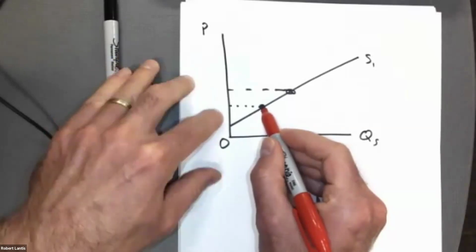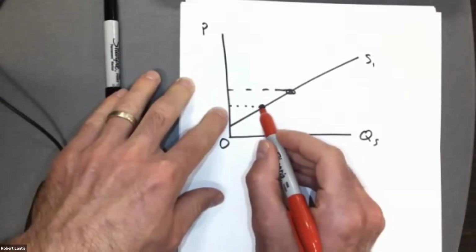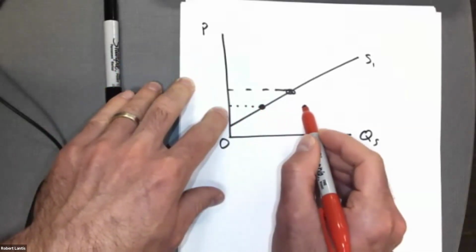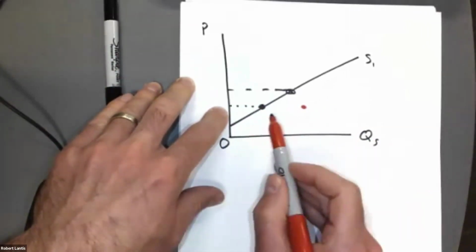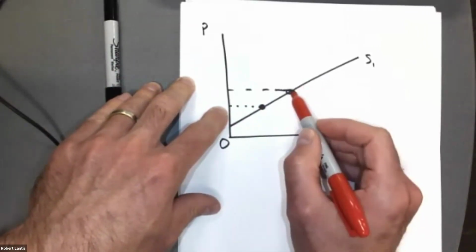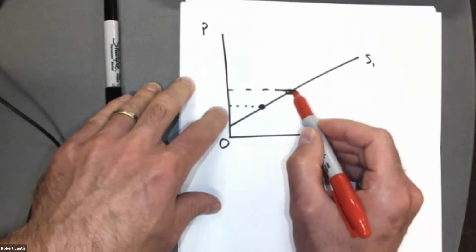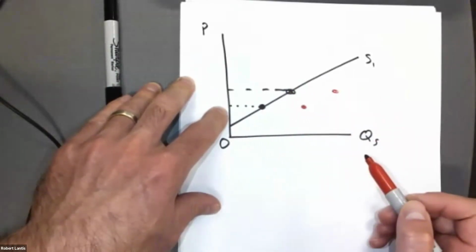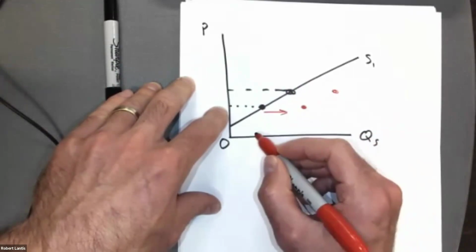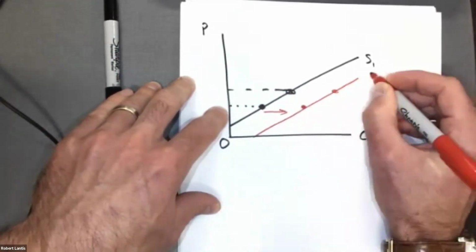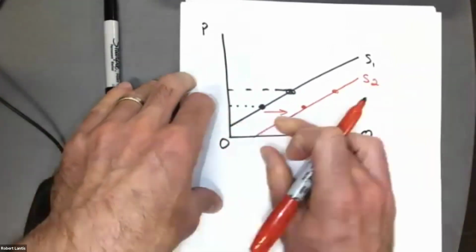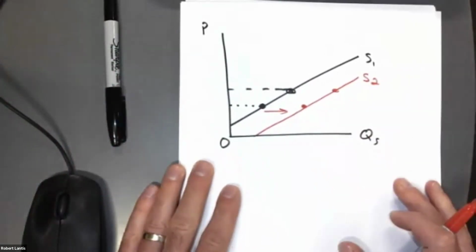So an increase in the quantity supplied would mean that at that same price, there's now a higher quantity supplied. At every price, there's more companies or a higher quantity supplied. So a rightward shift is actually going to be an increase in our supply curve.